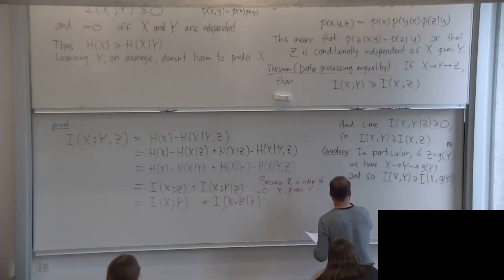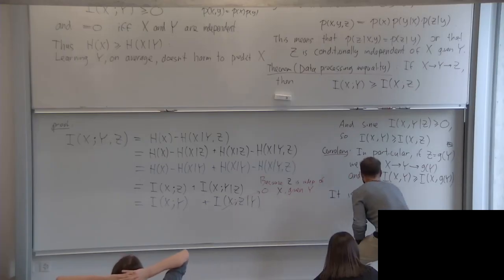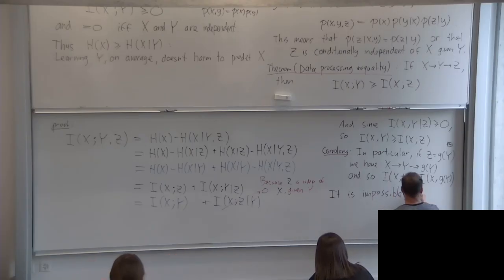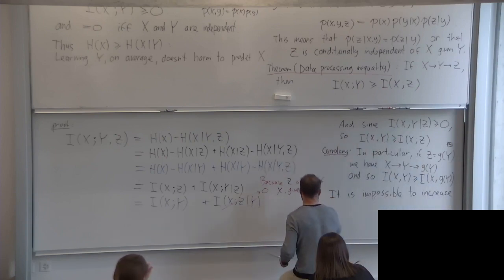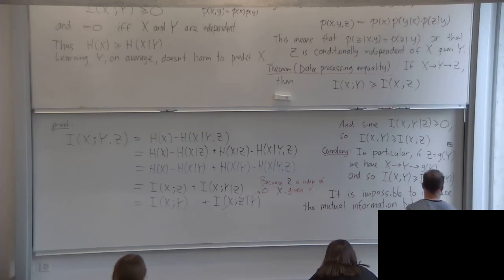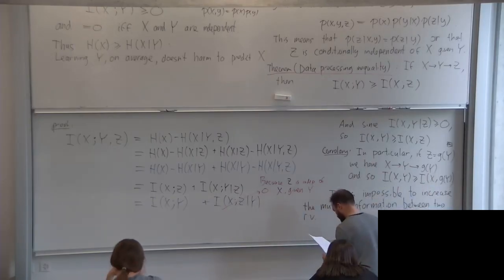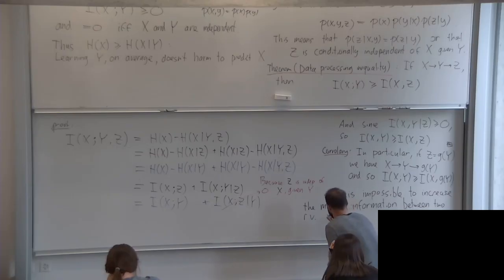And so I'm just going to briefly comment on what I said. It is impossible to increase the mutual information between two random variables by processing the outcomes in some deterministic manner.